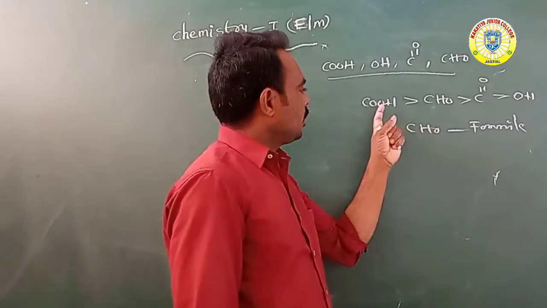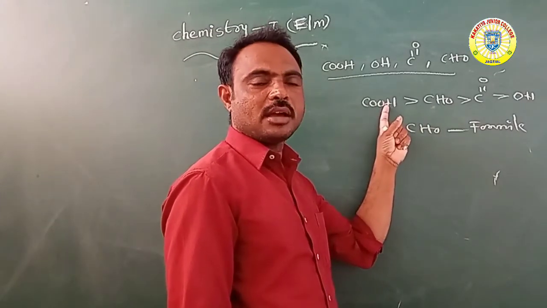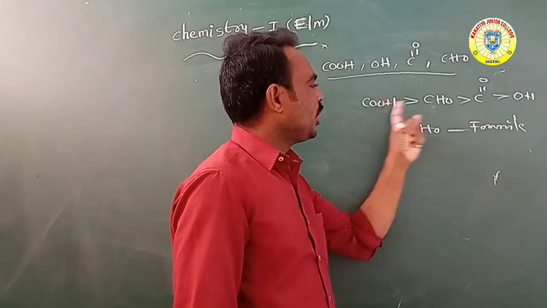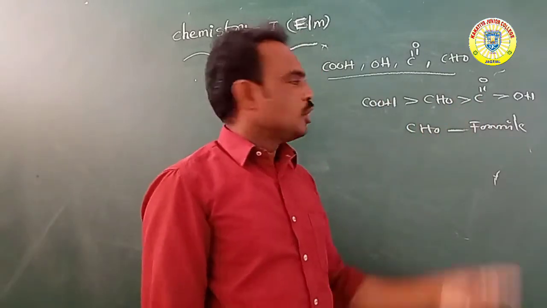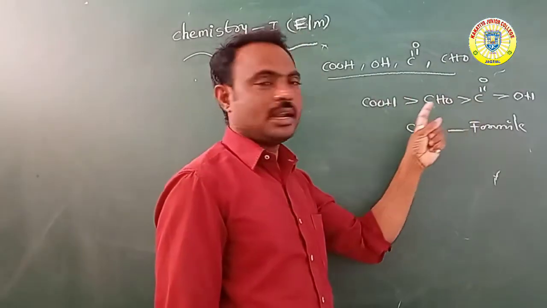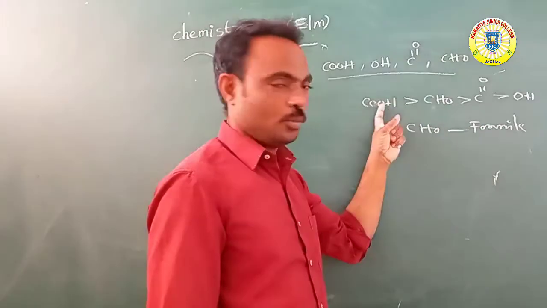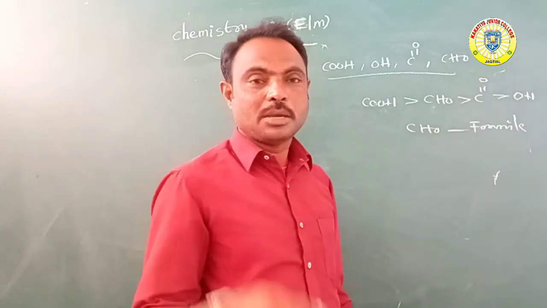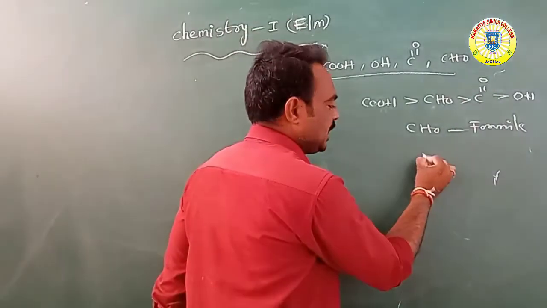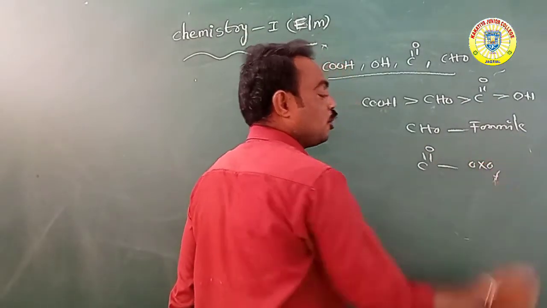Or suppose the compound is attached with COOH and a ketone. Give the number from the COOH side, since COOH is the main functional group. So C double bond O is a substituent, and we write the word oxo.